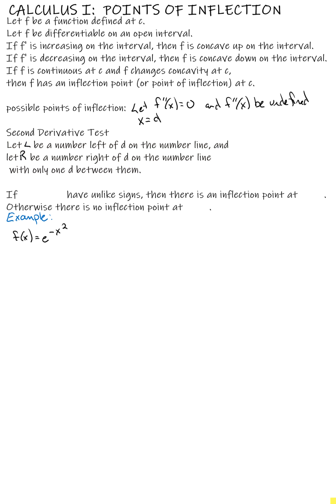According to the second derivative test, if f double prime of L and f double prime of r have unlike signs, then there is an inflection point at d, f of d. Otherwise, there is no inflection point at the point d, f of d.